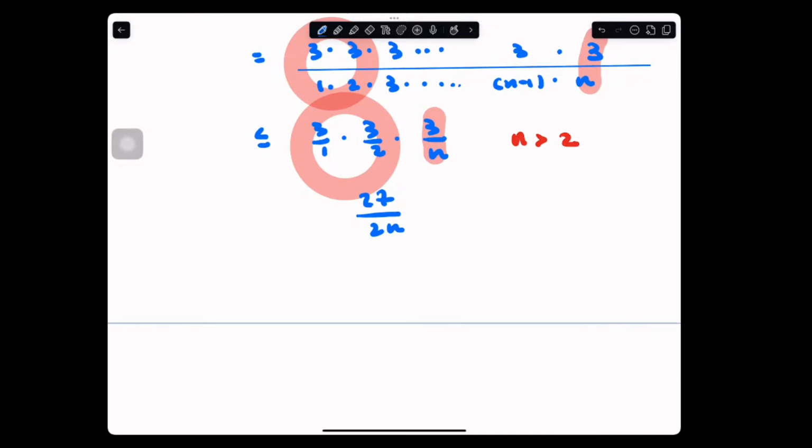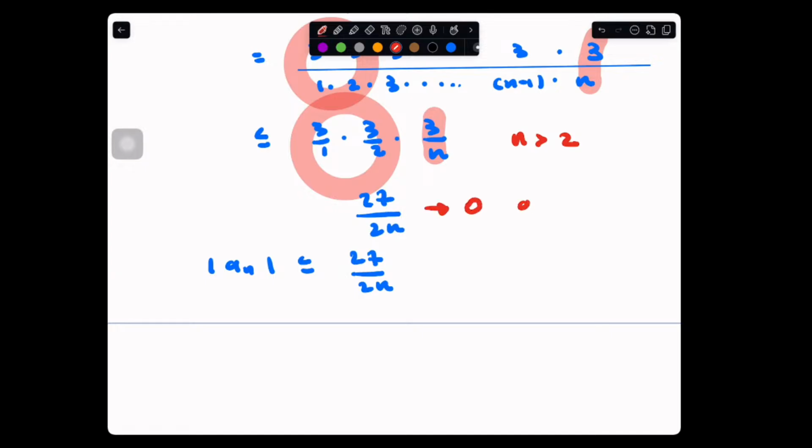And so this sequence here is smaller in absolute value than 27 over 2 to the n. So we know that this portion will go to 0 as n goes to infinity.